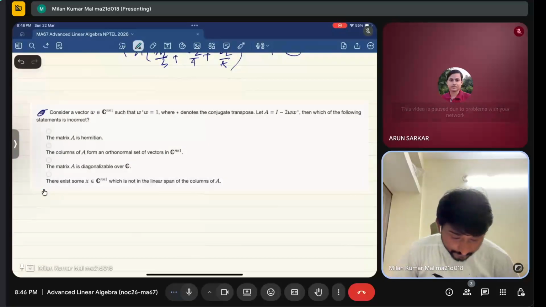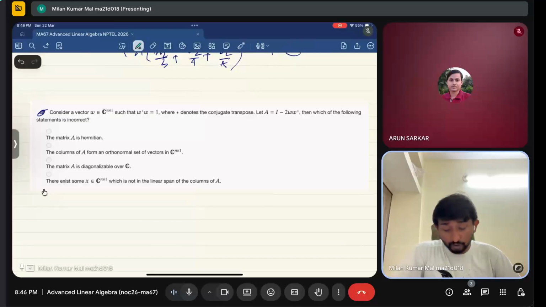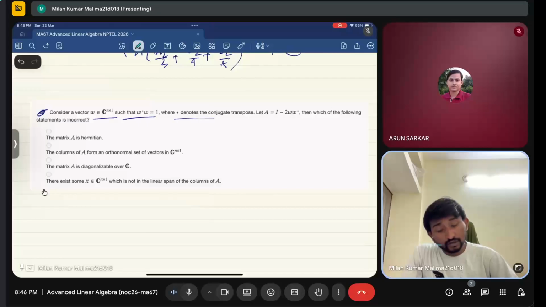So here is another important question. Consider a vector W in C^(n×1), that means a column vector, such that W star W is actually 1, where star denotes the conjugate transpose. Let A equal I minus 2 times W W star.